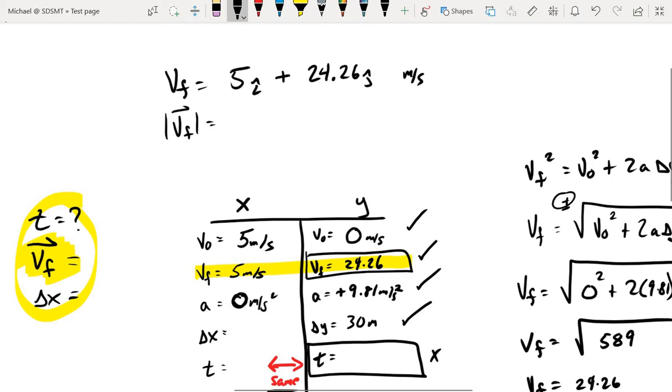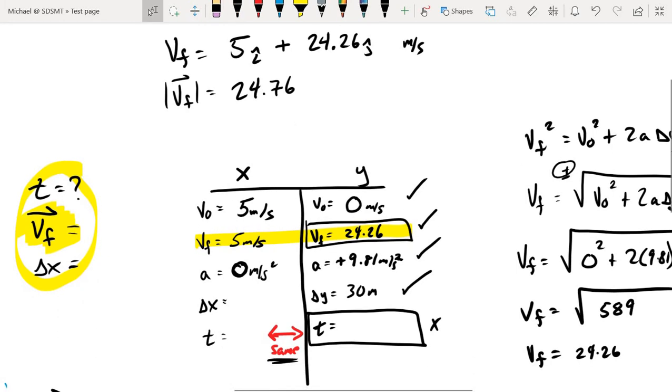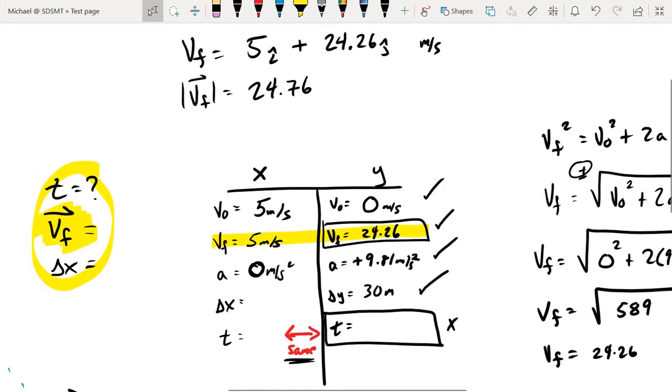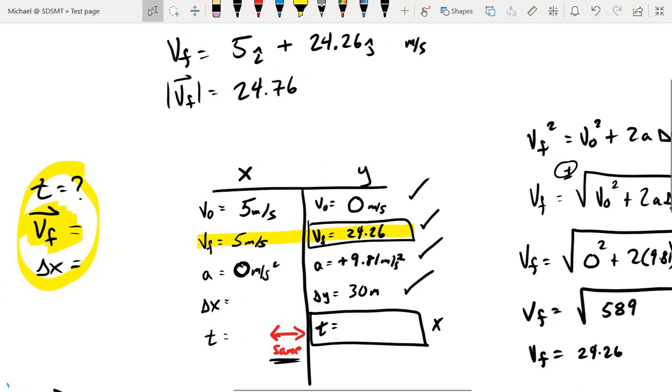Whoops, my calculator didn't like that. Alright, and I am getting a final velocity magnitude of 24.76. So not that much more than the y component, but it is larger.